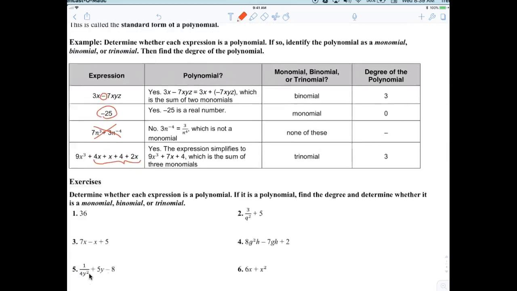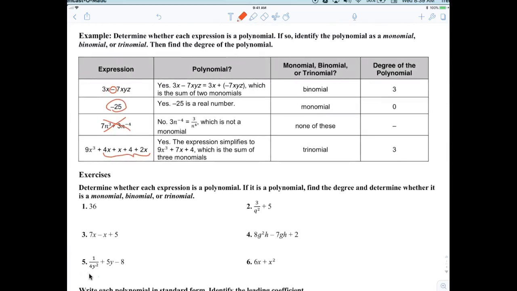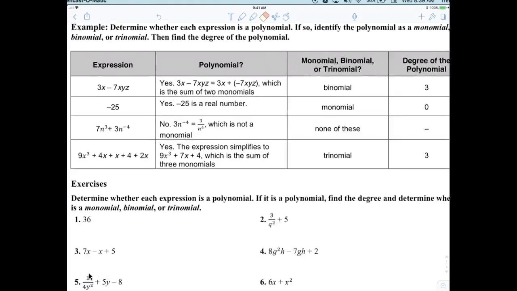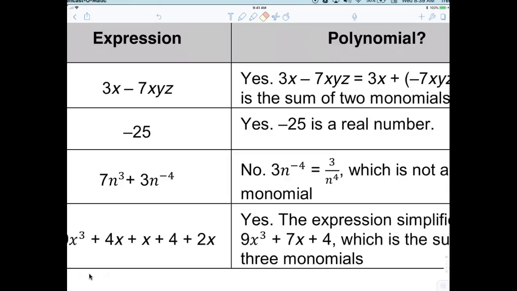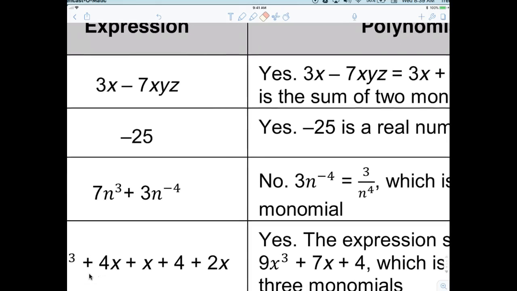Now, let's talk about the degree, even though it's not that important. Please listen. The degree is always the largest exponent of the individual monomials. Eyes up. It's really simple, but it's an easy one to miss on the test. This exponent right here is a 1.